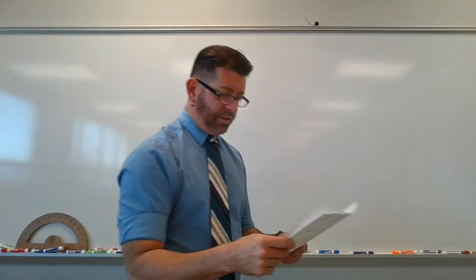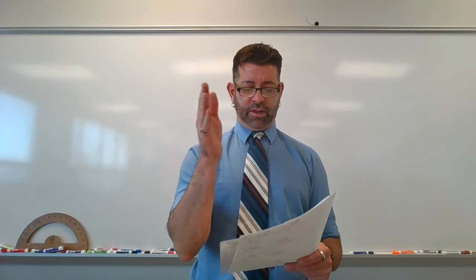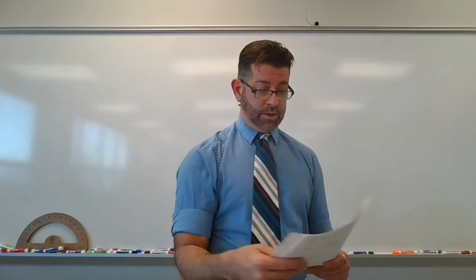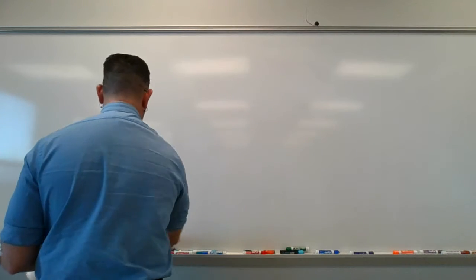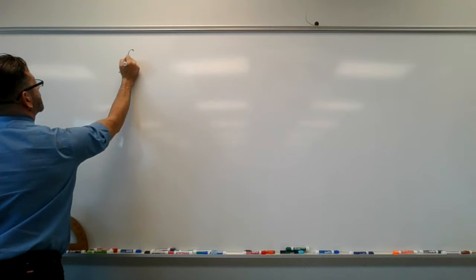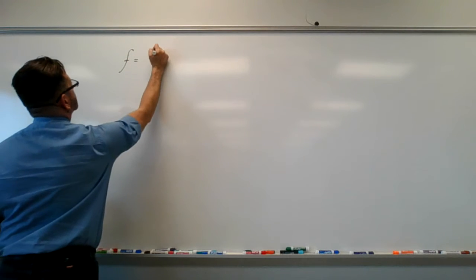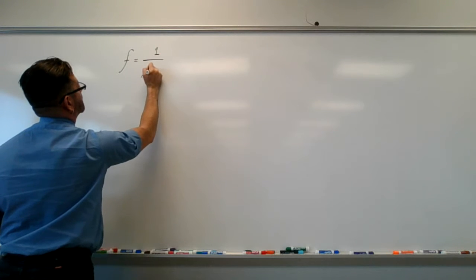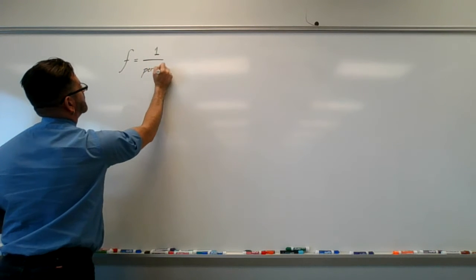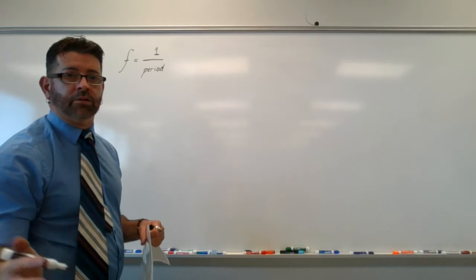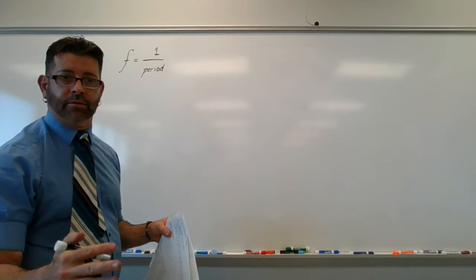So remember, frequency is the number of wave crests that pass through a given point in a given unit of time. And that frequency, given by the lowercase f, is equal to 1 over the period, or the amount of time it takes for the wavelength to pass.